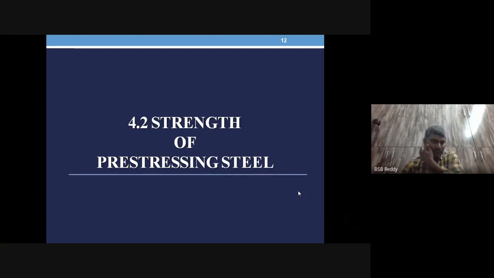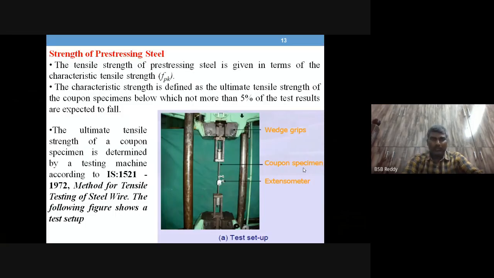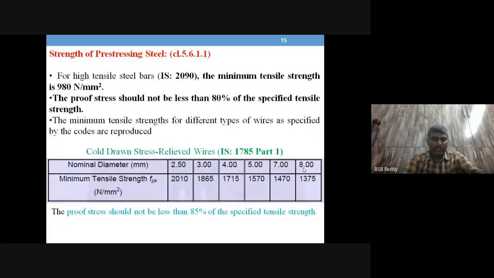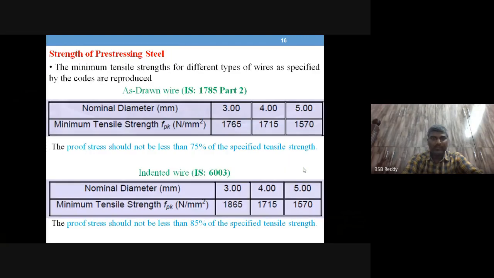We are talking about high-strength steel, out of which the strength of pre-stressing steel was talked about in the last session. I'll just run through the slides from the last session. We defined the strength of pre-stressing steel and testing mechanism, and then the tensile strength of different forms of steels available, right?